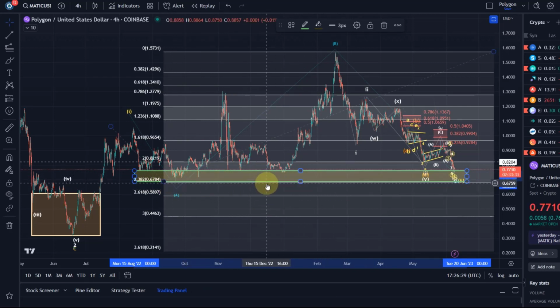So I would pay attention to 68 cents if we break below 76, because 76 is one target we talked about. This green box is our support area that we wanted price to get to at least. So it can go lower, for example 58, 59 cents, not a problem.